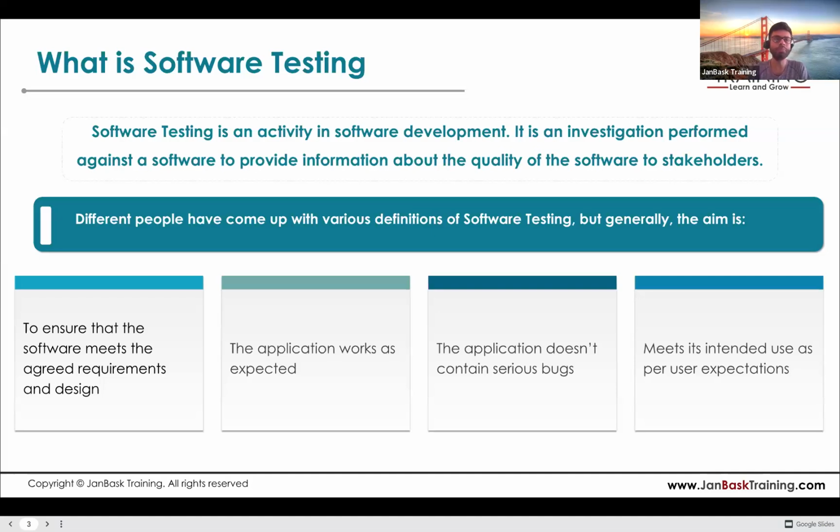If they find that this is a minor bug which is not going to affect the application or the business, and at the same time it is going to take a lot of time for the developers to fix the bug, in that case they might decide that let the bug be there, and we'll fix it in the next release.